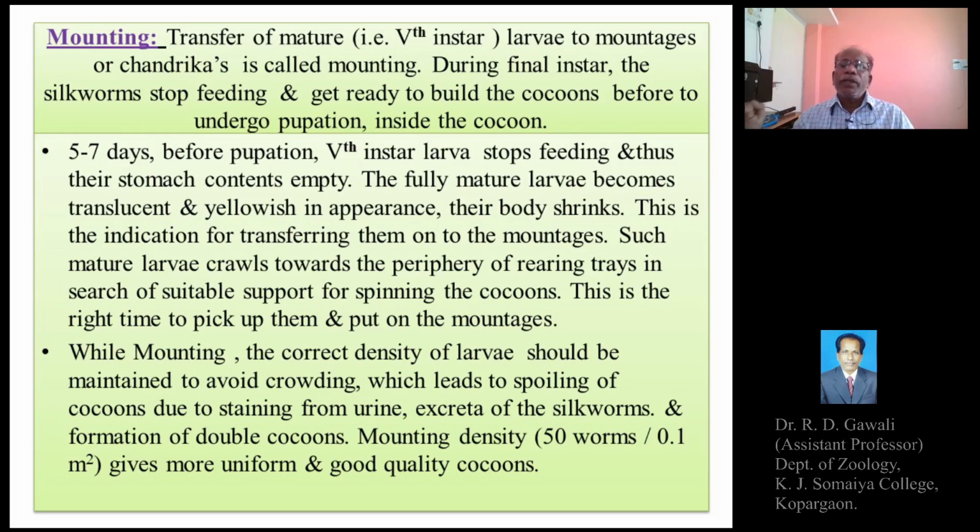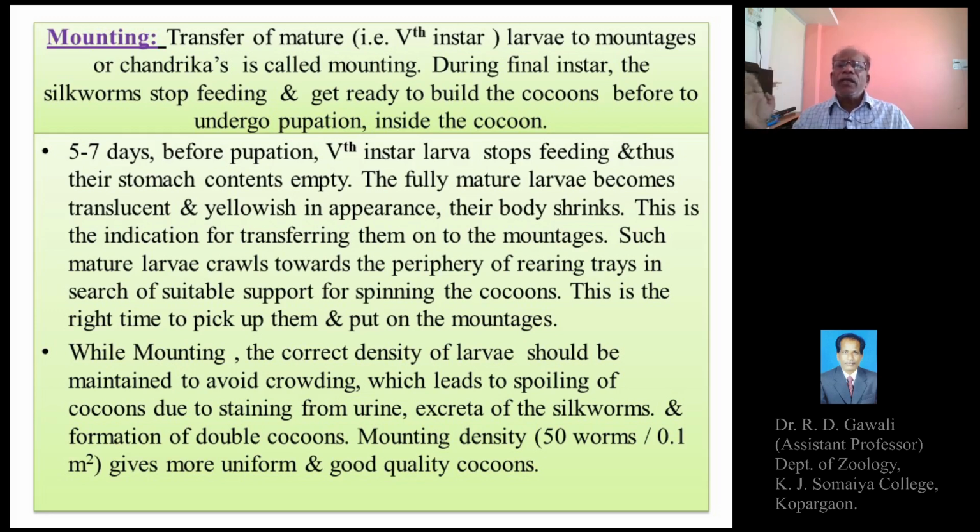The larvae stop feeding and crawl to the periphery of the feeding area, the floor bed or the rearing trays, so as to start spinning the cocoon around the body and undergo the next phase of the life cycle, that is pupation.